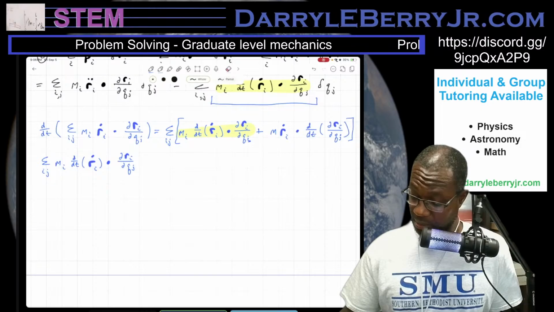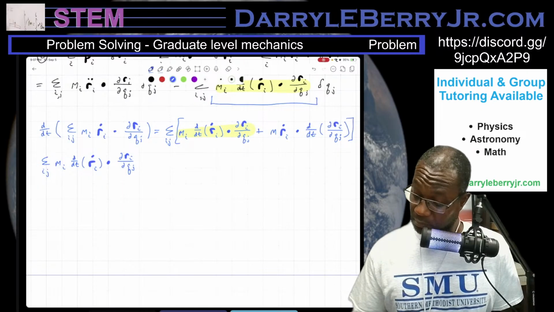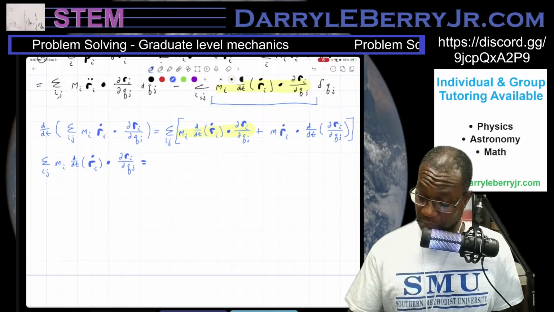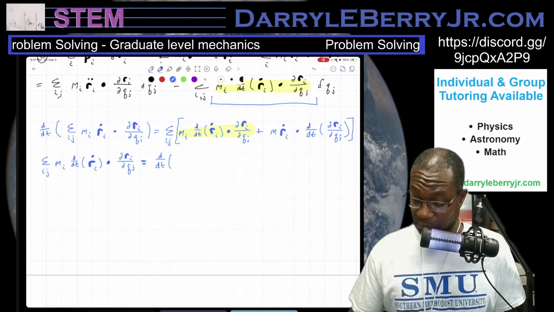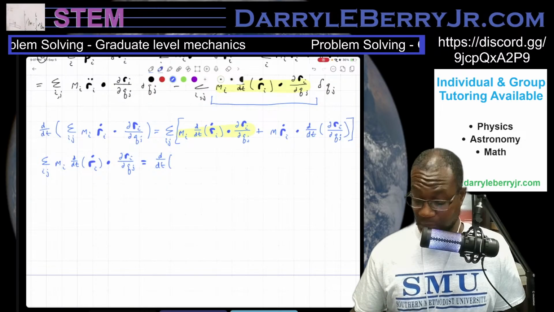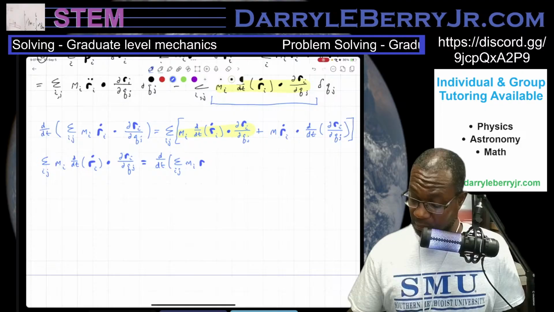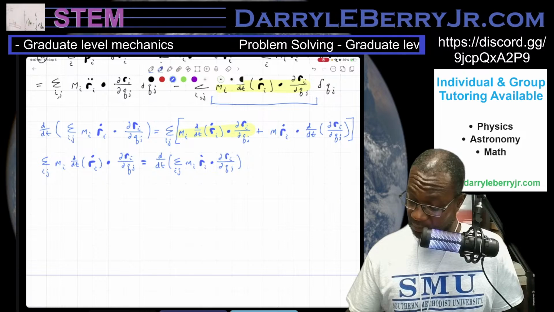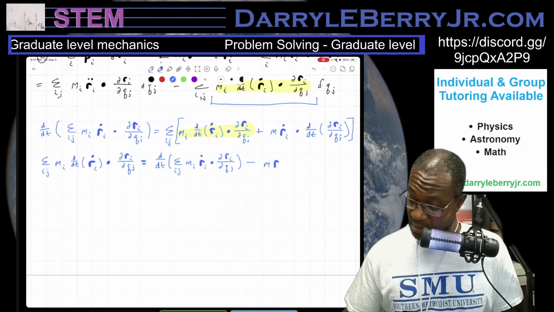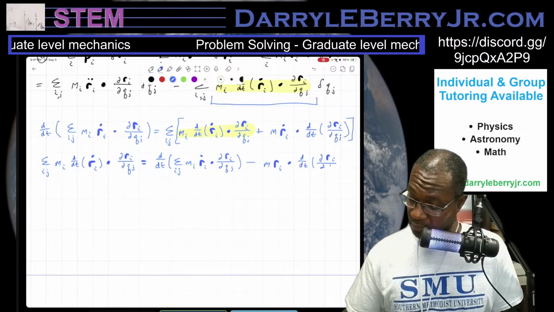I'm mistaken, made this an i. It equals d/dt of the sum over i, j of m_i r dot i dot ∂r_i/∂q_j, minus m_i r dot i dot d/dt of ∂r_i/∂q_j.